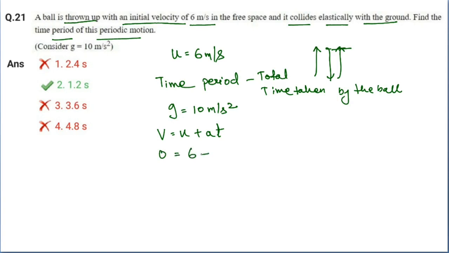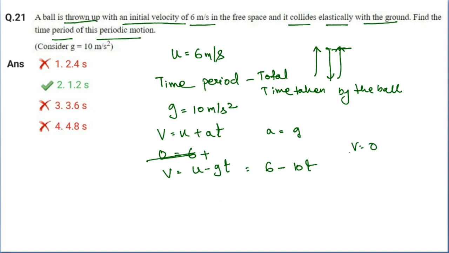U is equal to 6 and acceleration a is equal to minus g. So the equation becomes v is equal to u minus gt, that is v is equal to 6 minus 10t. Then v is 0 at the maximum height.